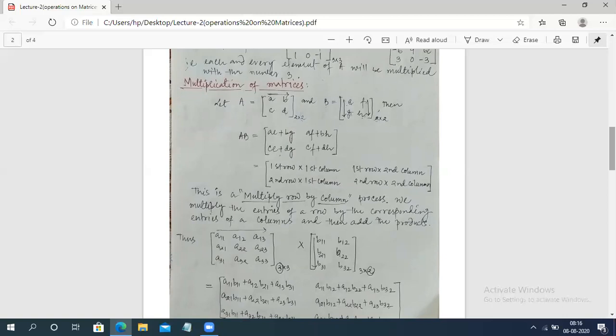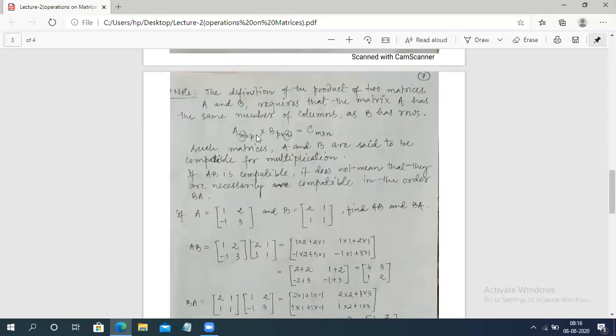But in case of multiplication, if a matrix A is of order, suppose m by p, and we are going to multiply this matrix with another matrix B, then B must be of order p by n. That means the column of matrix A should be equal to the row of matrix B.